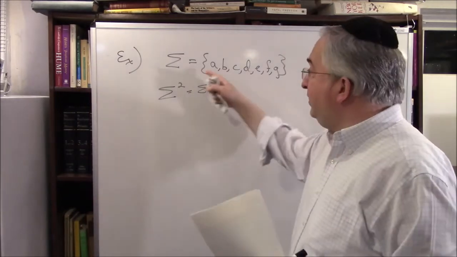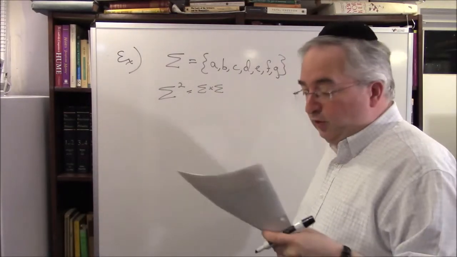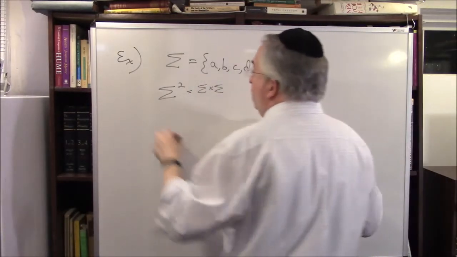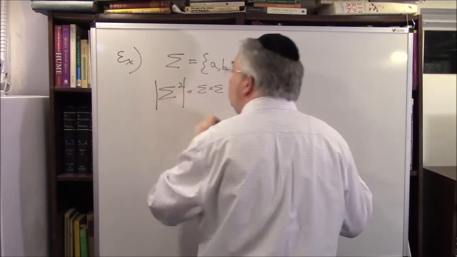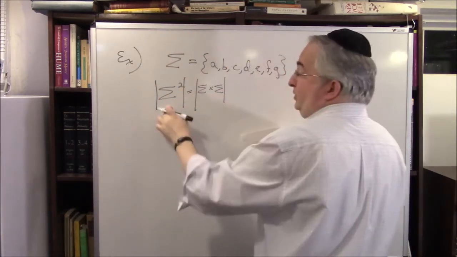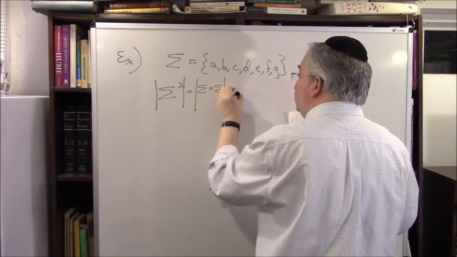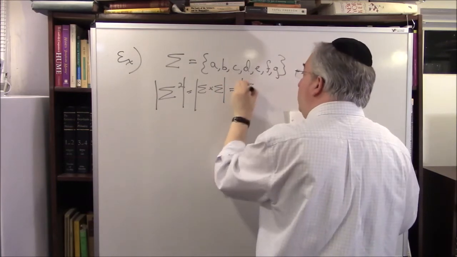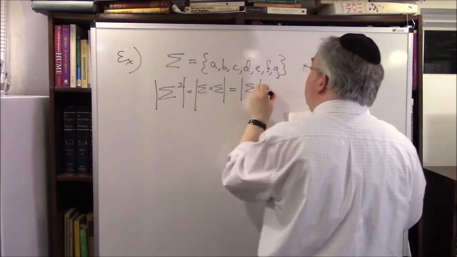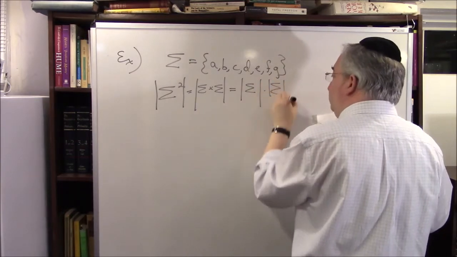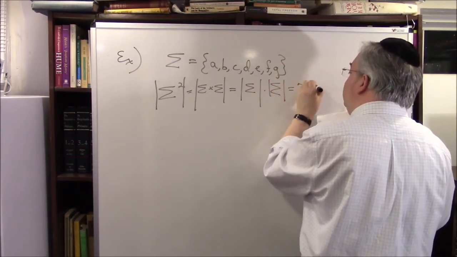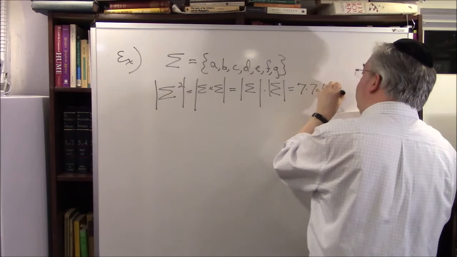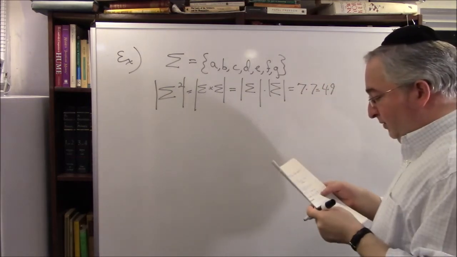So this is an alphabet, 2-letter words. We ask how many 2-letter words there are. This is just another way of writing that. So this is equal to, using the product rule, the number of elements in sigma times the number of elements in sigma, which is equal to 7 times 7, which is equal to 49. Can't be more simple than that.